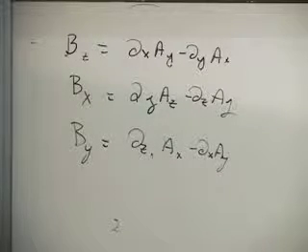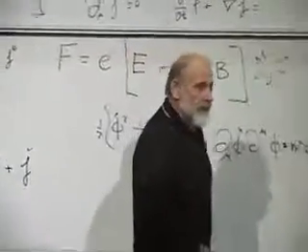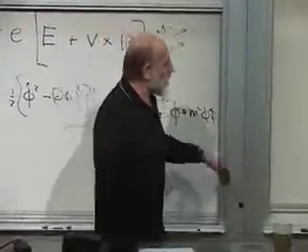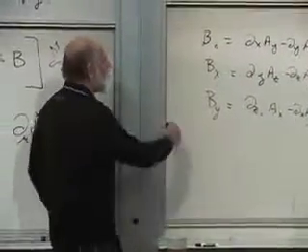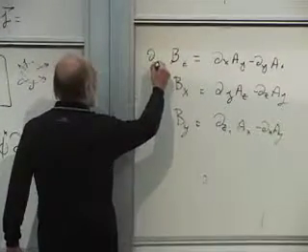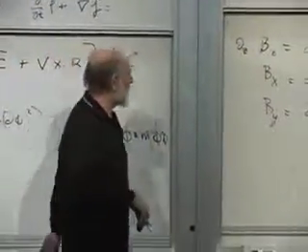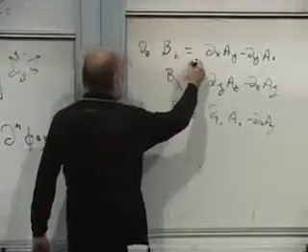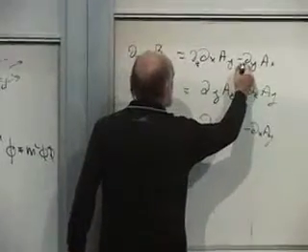Now let's check whether del dot B is equal to 0. Well, why should it be equal to 0? I've made no assumption about the way A is varying. Let's check it anyway. That means we have to differentiate this with respect to x, another derivative with respect to y here, and a derivative with respect to z.